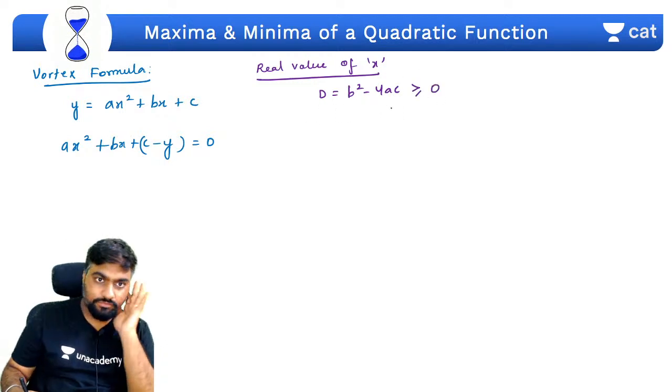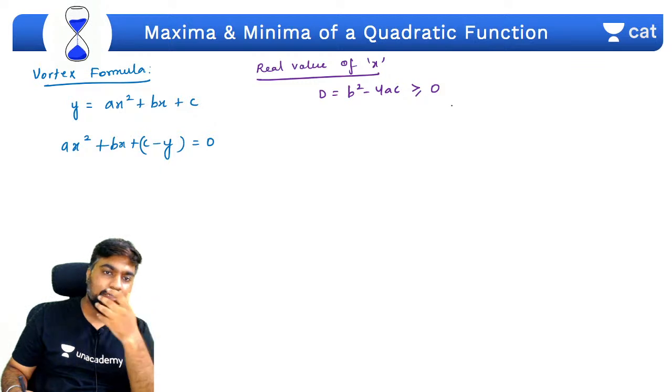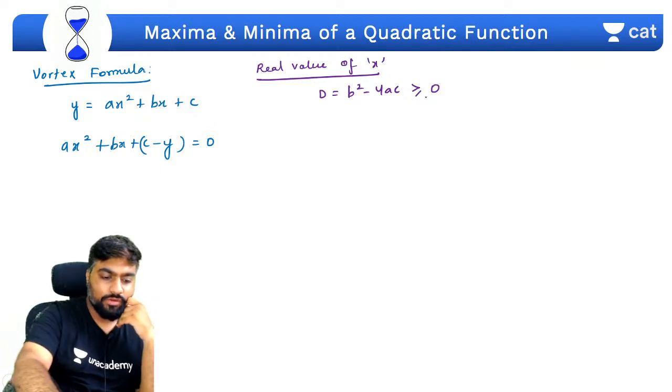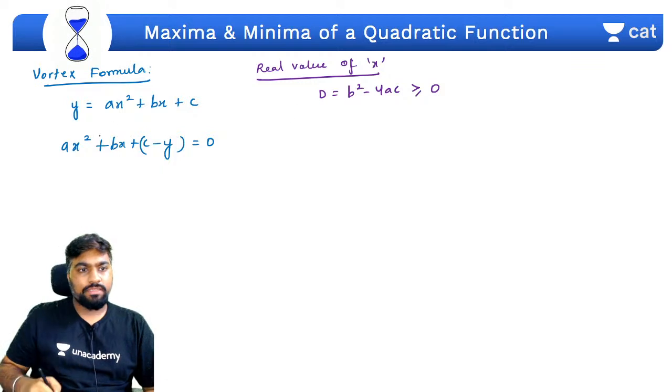Agreed? For any real value of x, our discriminant b square minus 4ac must be greater than or equal to 0. Would you agree? Yes or no, guys? Yeah, beautiful.